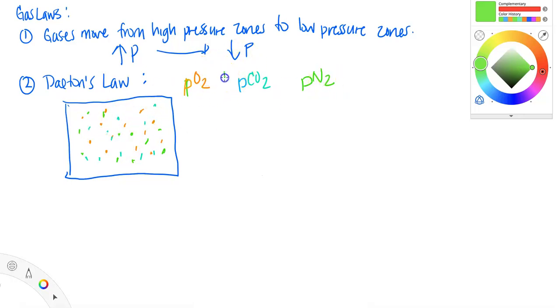And when we add that together, you get the total pressure of the gas. So each one of these is a partial pressure.